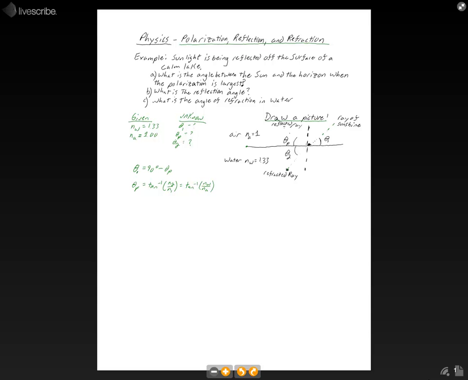So in this case, tan inverse of N sub W over N sub A. Alright, so when we plug in numbers into that, we end up with tan inverse of 1.33 divided by 1, which is going to be equal to 53.1 degrees. And this is actually the answer to part B.